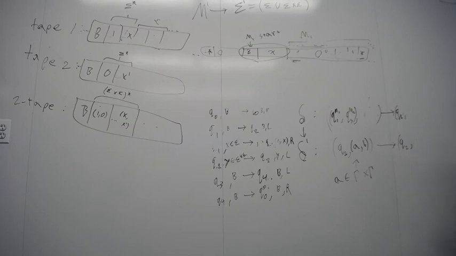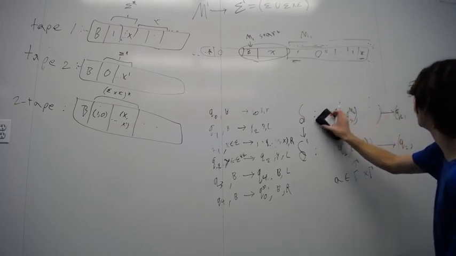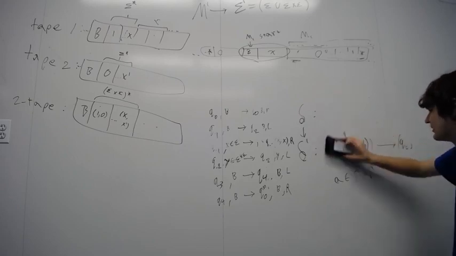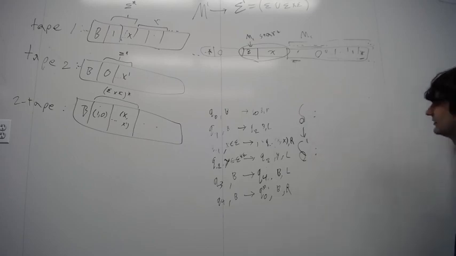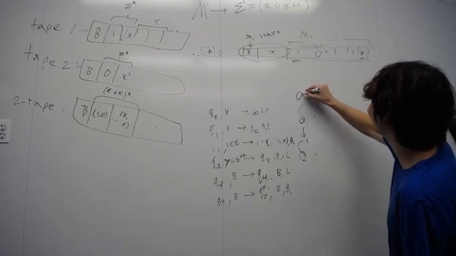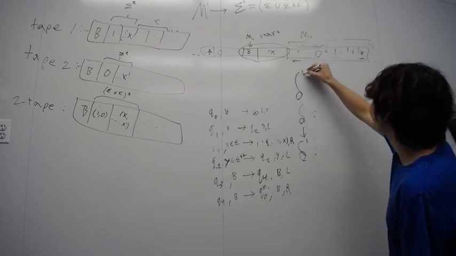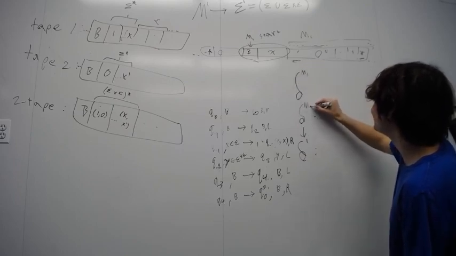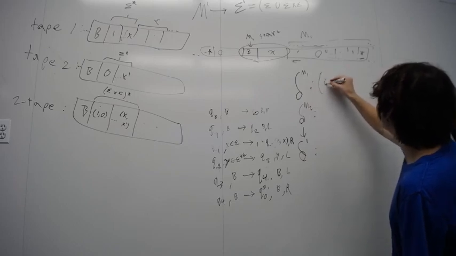Sorry, I'm mixing this up. Okay, I'm redoing all of this. Sorry, we're gonna have 3 transitions now, right? This is M1's transitions. This is M2's transition.